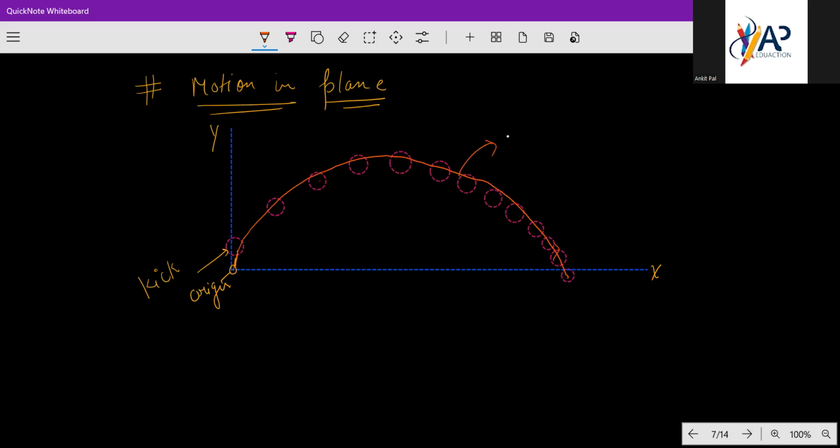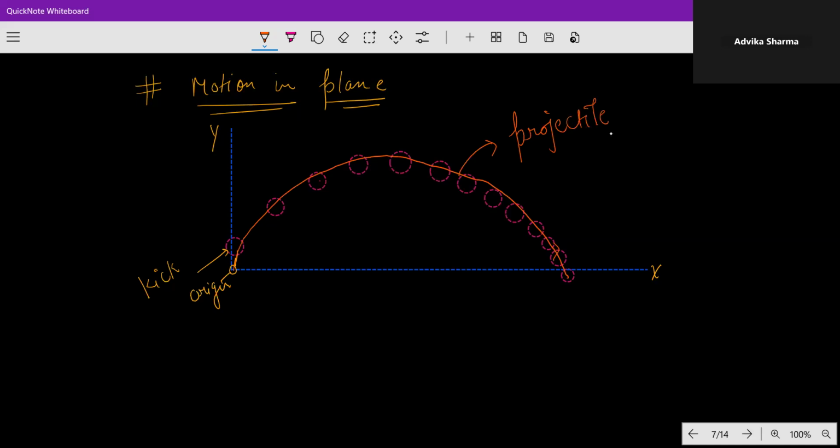Which motion is this? Projectile. So kind of like parabolic motion, going like a parabola. In this type of motion, the motion of x is independent with respect to the motion of y, and the motion of y is independent with respect to the motion of x.